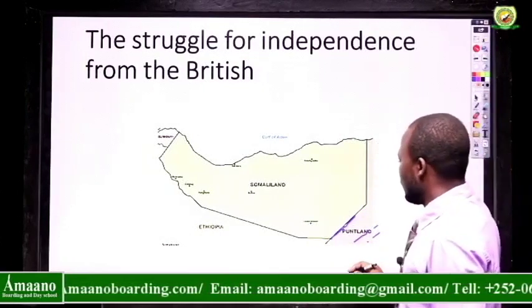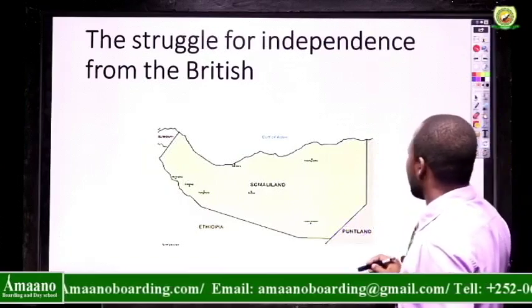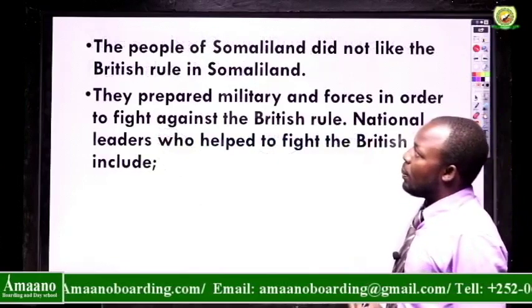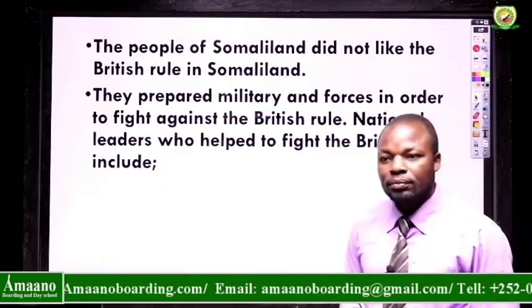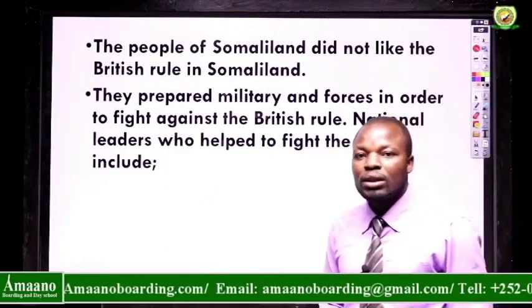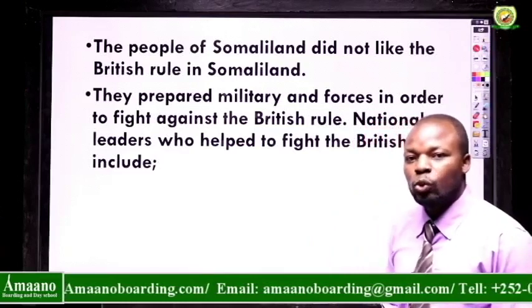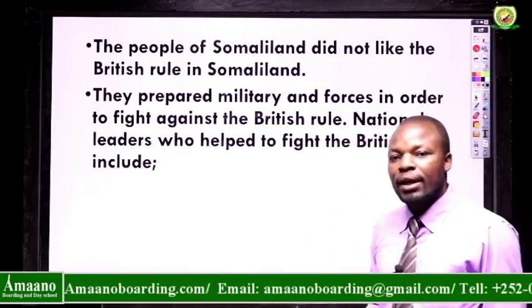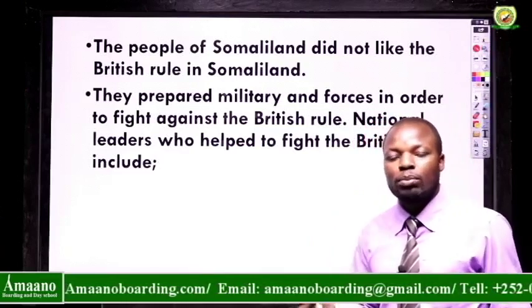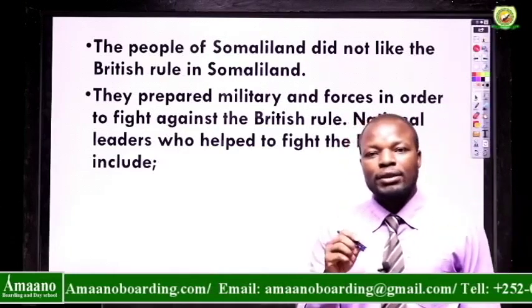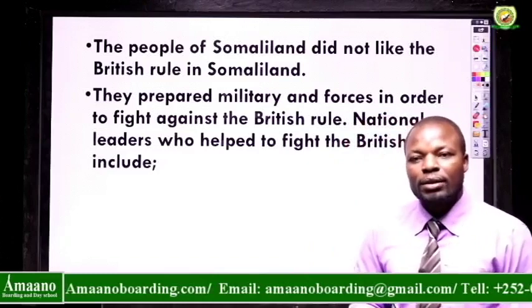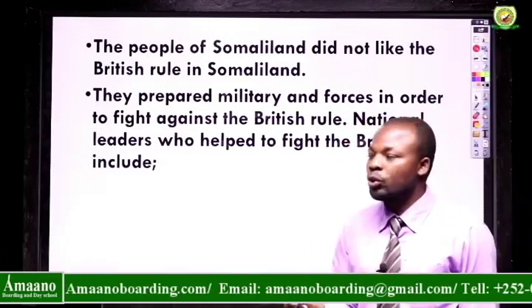Now, moving ahead, we shall see that the people of Somaliland did not like the British rule in Somaliland. Like any other country, the people of Somaliland did not like the British rule because the British had taken away almost everything that belonged to the people of Somaliland. They had taken their land, they had taken their livestock, they had taken their charcoal and trees.